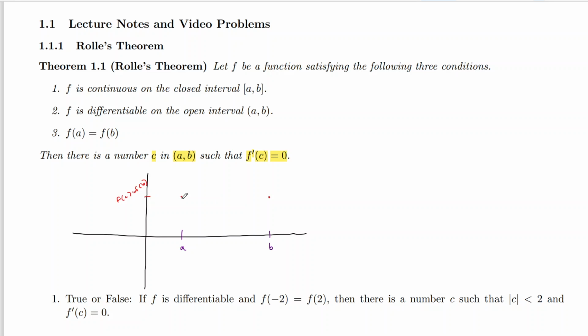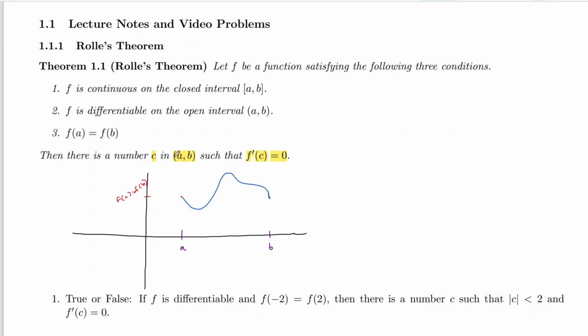So there's tons and tons of examples, but something could be like this. That could be something that is continuous because I did not pick up my pencil or the marker as I drew it. It's differentiable because I don't have any sharp points. And I had originally had the restriction on f of a equals f of b. So the y value at the start and end are the same.